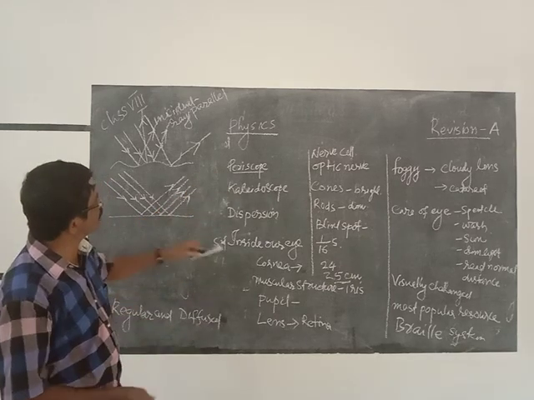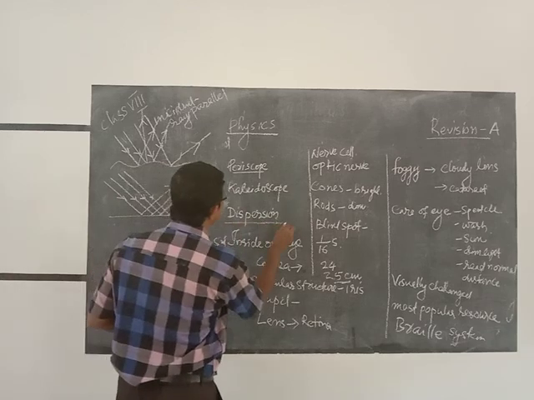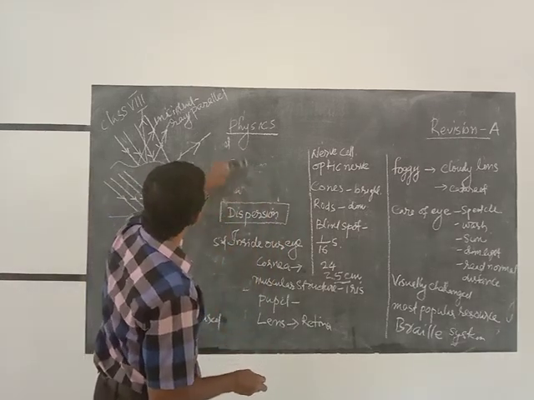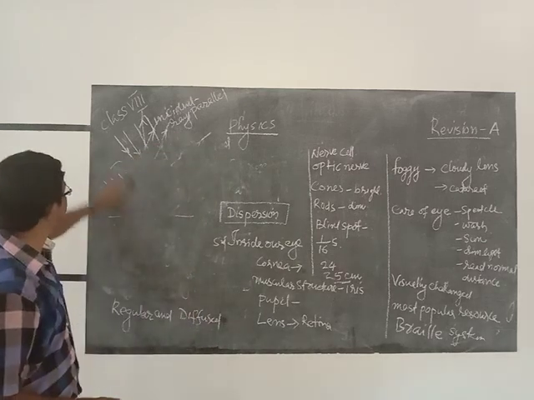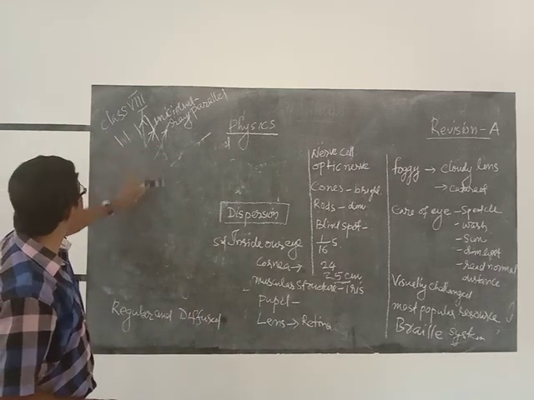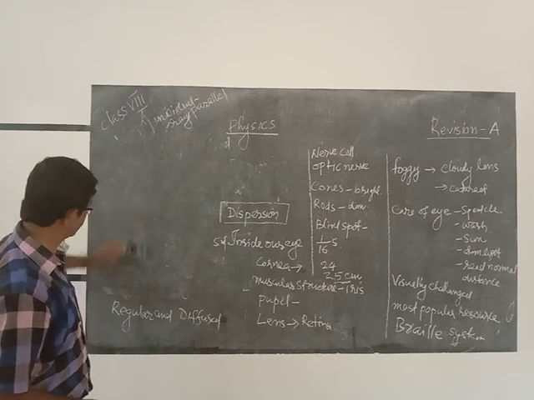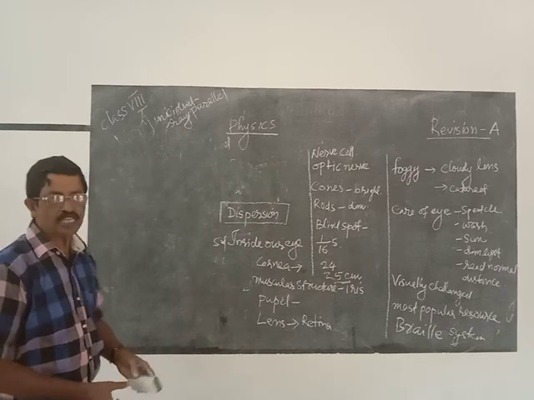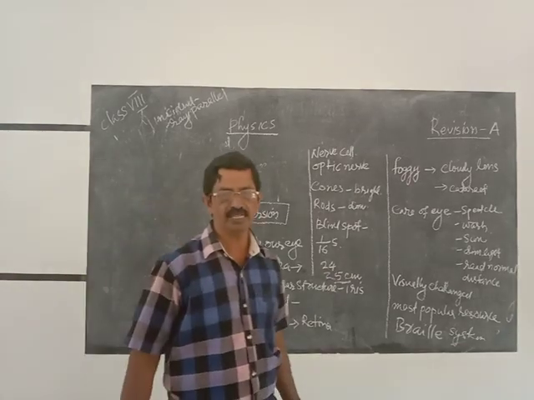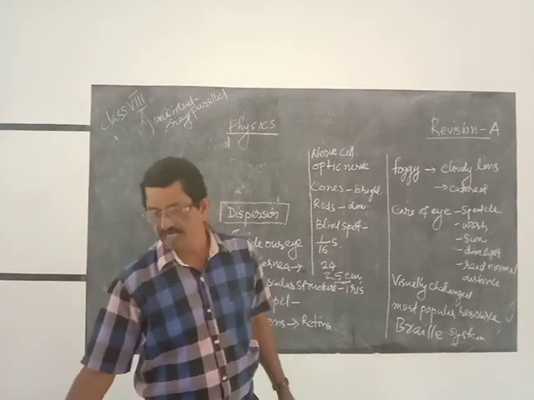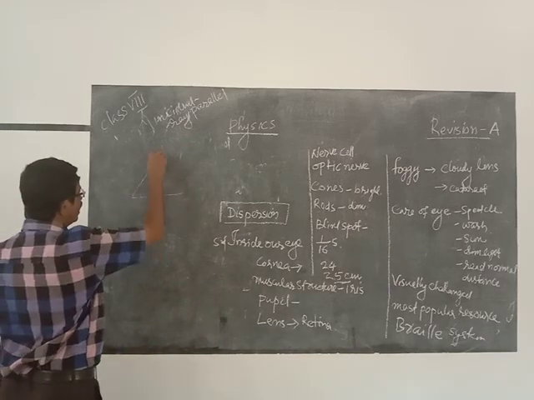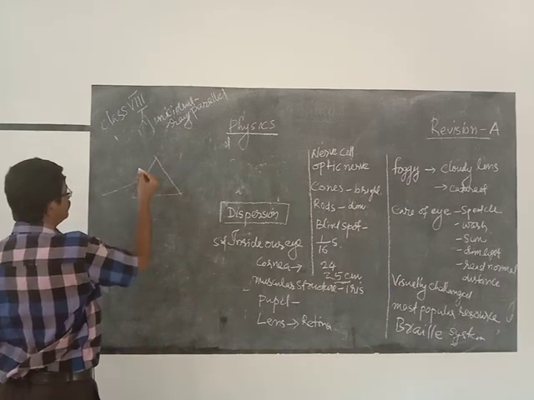Then you know what about dispersion. Dispersion. What actually is dispersion? Can you remember? Dispersion means, suppose sunlight is passing through a prism.